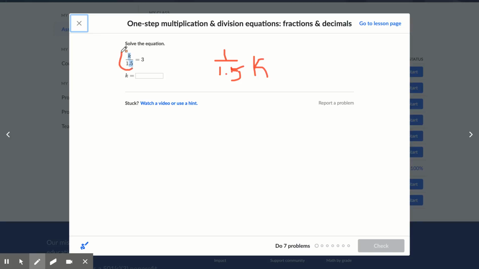Whenever there's nothing in front of that K, we can assume there's a 1. And if I just rewrite it as 1 over 1.5K, a lot of us are more familiar with seeing our work shown this way, and equals 3.